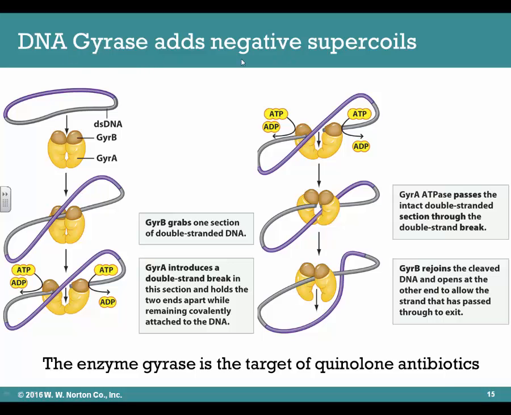And those negative supercoils, or that unwinding, is accomplished by a different set of enzymes, gyrases, and there are 2 major gyrases, A and B, in bacteria, that cleave both strands of the DNA, which requires energy in the form of ATP, and then they catalyze the unwinding, and then religate the 2 strands.